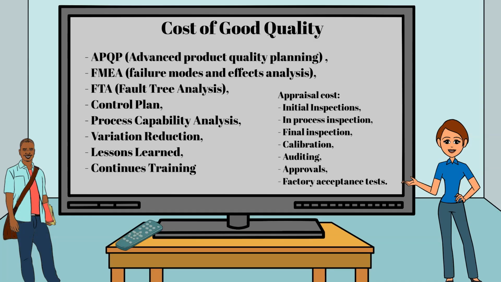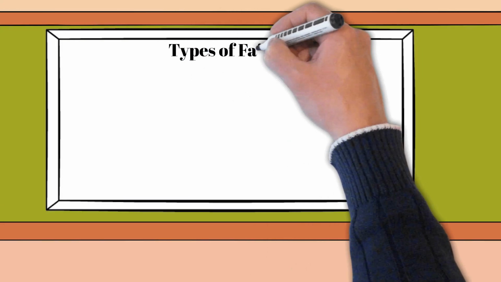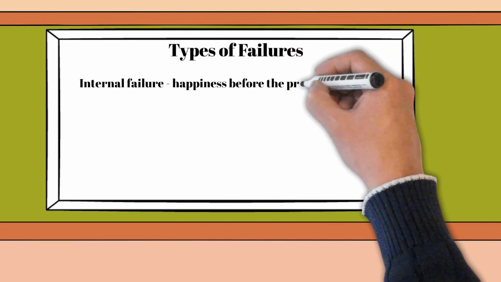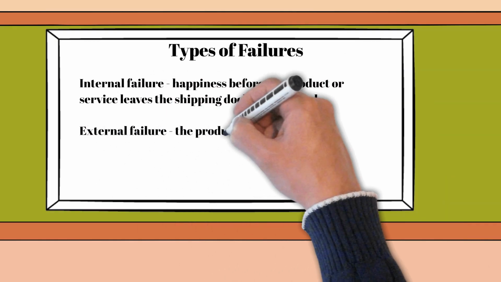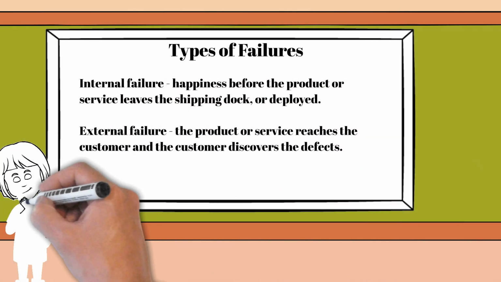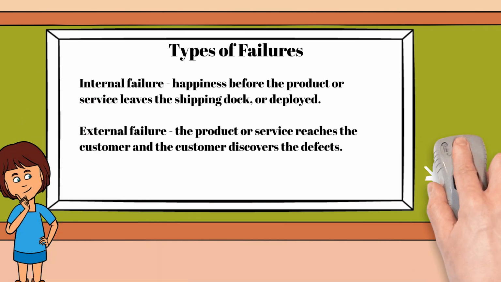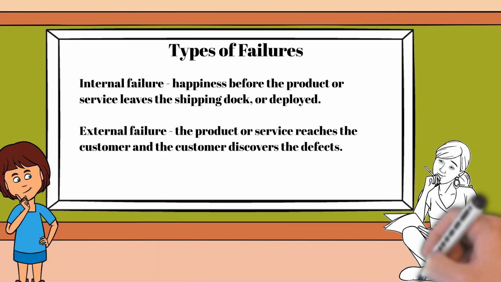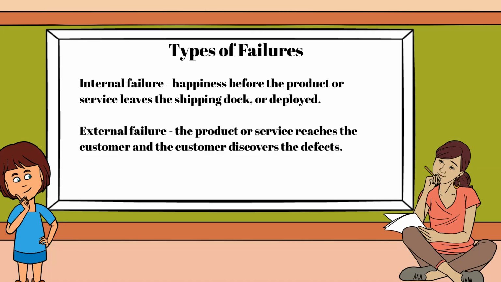There are two types of failures: internal and external failures. We consider the failure internal if it happens before the product or service leaves the shipping dock or is deployed. External failure is the type of failure when the product or service reaches the customer and the customer discovers the defects.